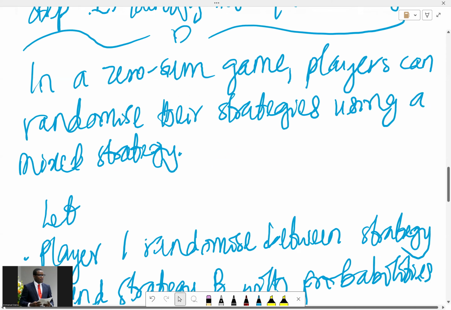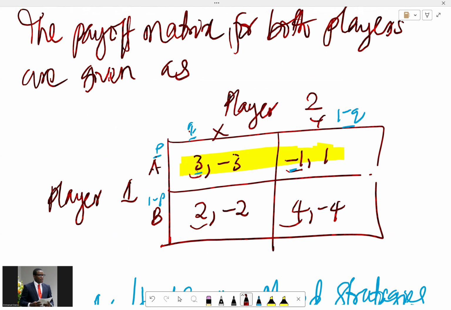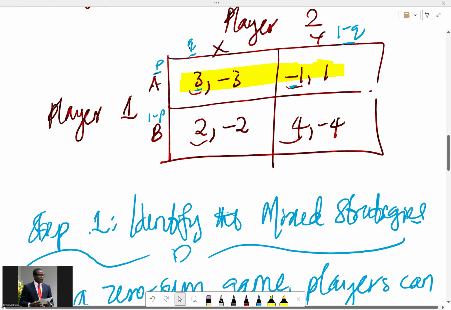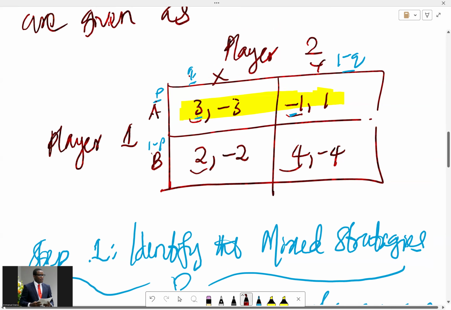So for strategy A now, you have probability P multiplied by 3 times Q plus minus 1 times 1 minus Q, because player two is going to have an input in that. Player two plays 3 with probability Q and plays minus 1 with probability 1 minus Q. Then for strategy B, that's going to be 1 minus P multiplied by 2Q plus 4 multiplied by 1 minus Q, basically.